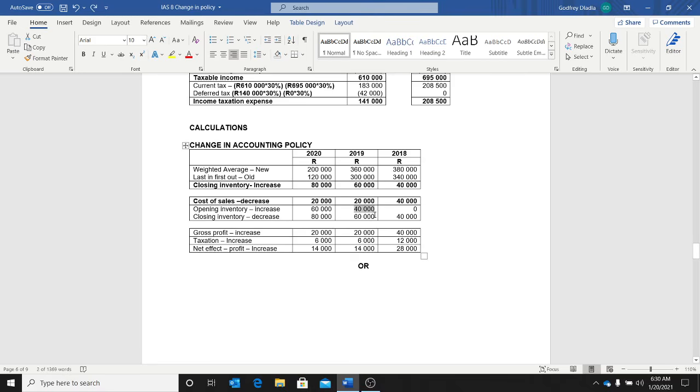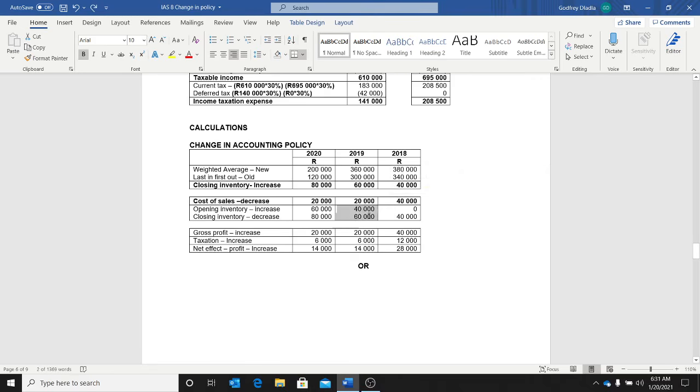Right. 60 in 2019 is decreasing. When it goes to 2020, it is increasing. Okay. Now I have those figures in the block. If I go to 2018, 0 plus a decrease of 40,000 gives me a total of 40 decrease.